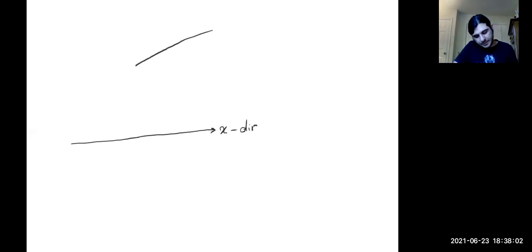Now, we only looked at the horizontal direction. Now let's look at the vertical direction. So this is the x direction, and we are looking at some small segment of our string. This is the point x. This is a very nearby point, x plus delta x.